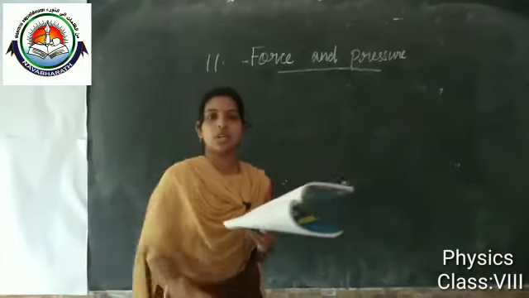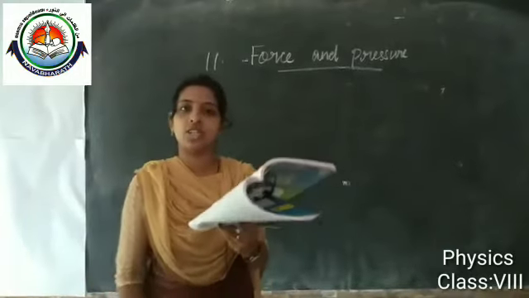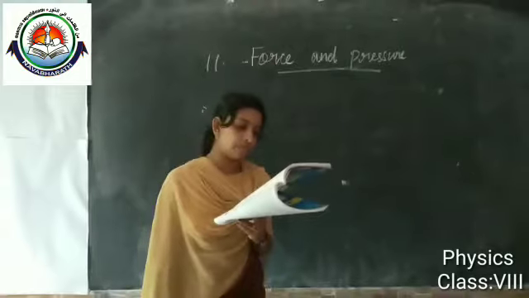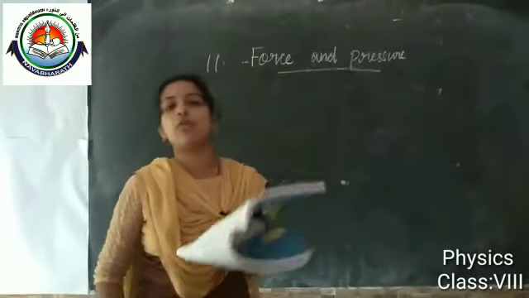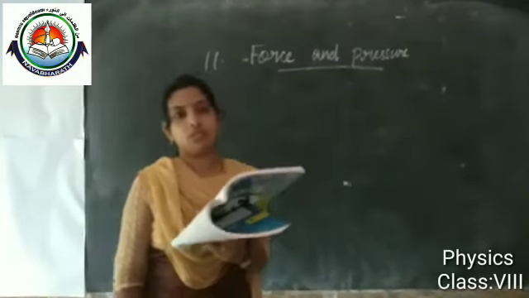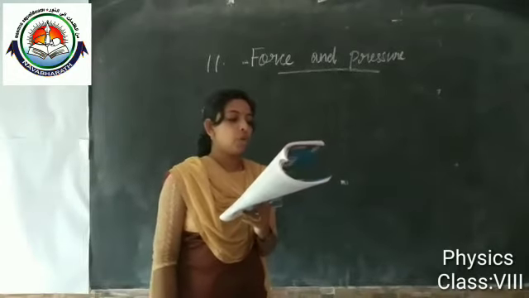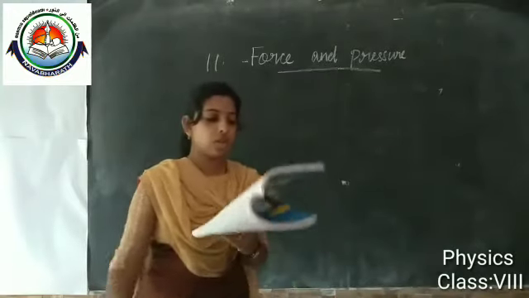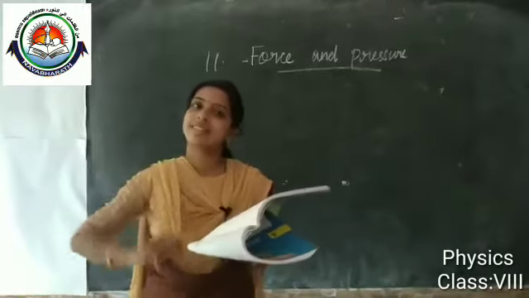Two objects attract each other, so it is considered gravitational force. So the fourth answer is gravitational force. And fifth one, Bullock used dash force to perform a task. They are using muscular force. Then sixth one, a push or a pull on an object is called dash. A push or a pull on an object is called force.